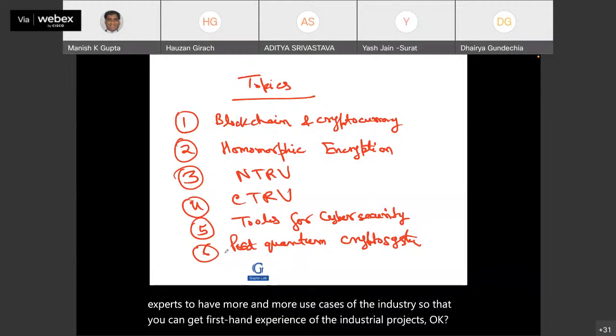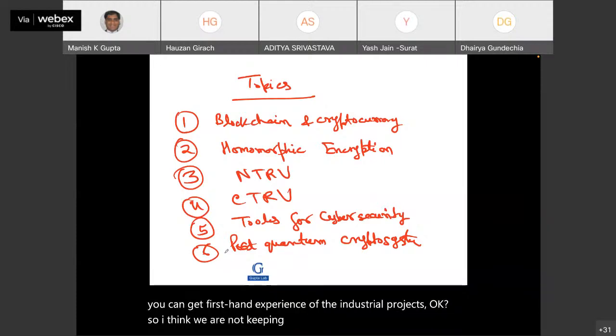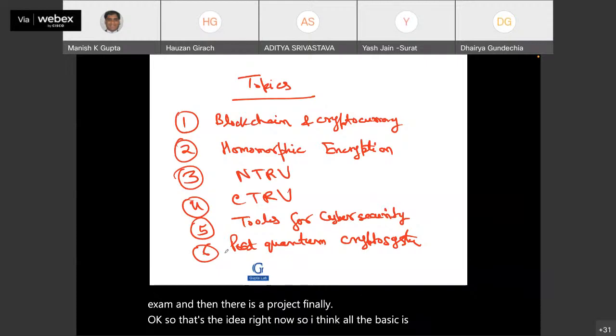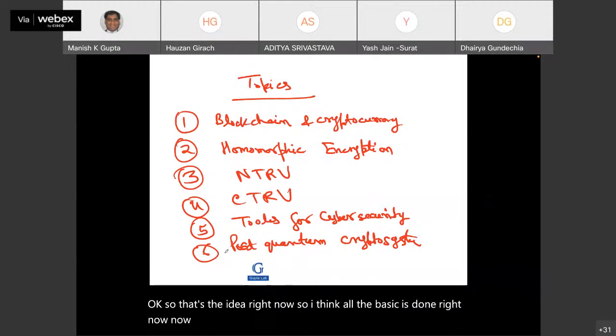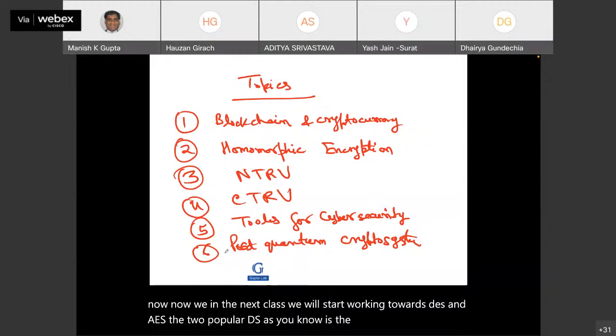So I think we are not keeping any final exams. There is only one exam, and then there is a project finally. Okay. So that's the idea right now. I think all the basics are done. Now in the next class we will start working towards DES and AES, the two popular ones. DES, as you know, is the first system. These are part of symmetric cryptography.